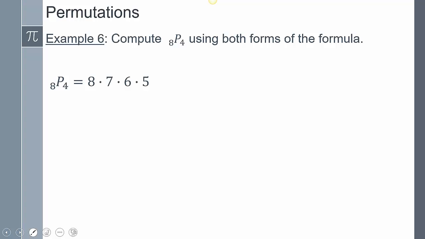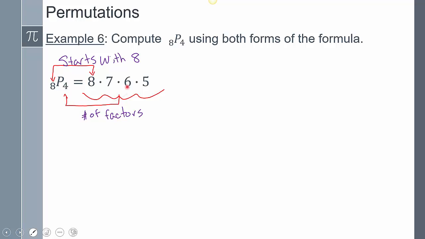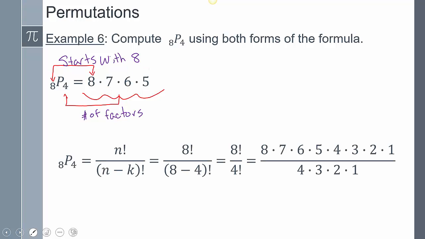So using that first one, it starts with 8. This is how many factors I have, 1, 2, 3, and 4. So I don't have the 4 times 3 times 2 times 1 because you only have 4 counting down. So 8, 7, 6, and 5. And so computing that, you'd get your result for 8P4. Using the notation here, 8 is our n, 4 is our k.